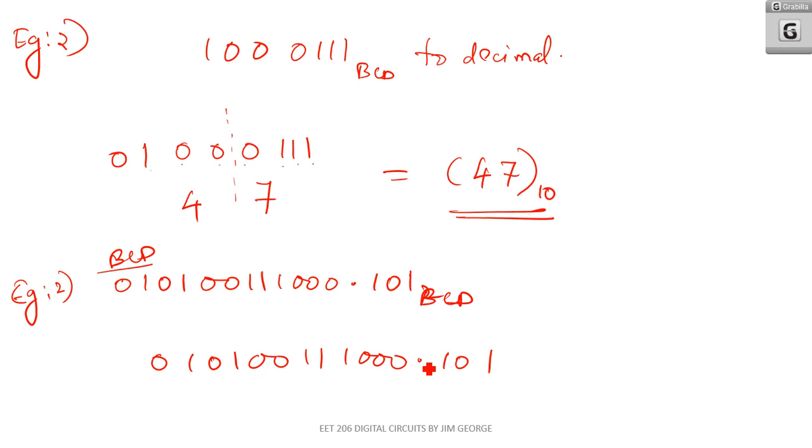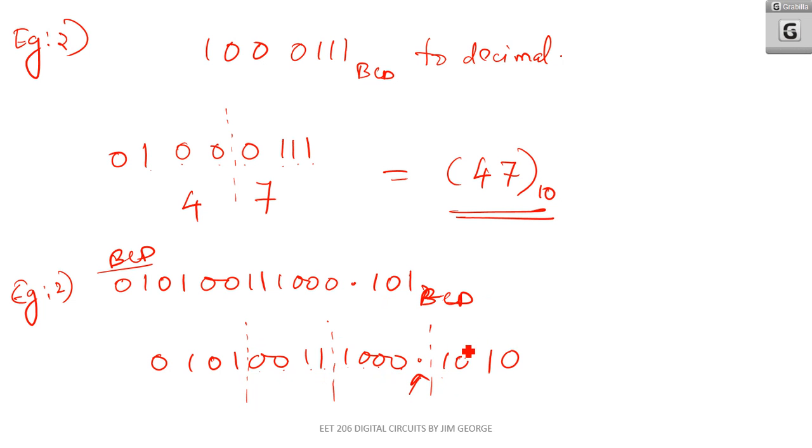Here, see, this is the radix point. After the radix point and before the radix point, you should be able to have these 4-bit segments. After the radix point it is 101, so you add 0, that is all. So here 1, 2, 3 and 4. That is all. Now you got it, right?